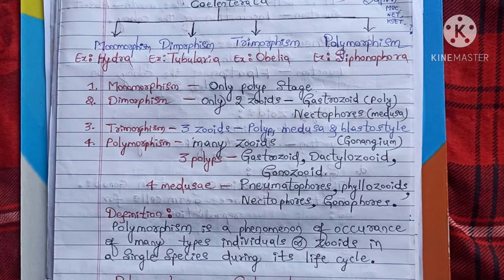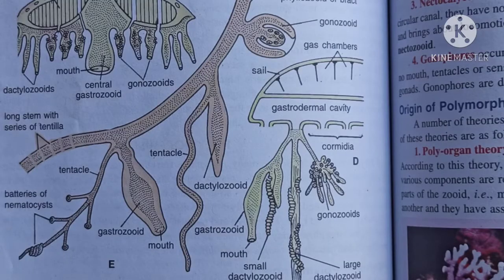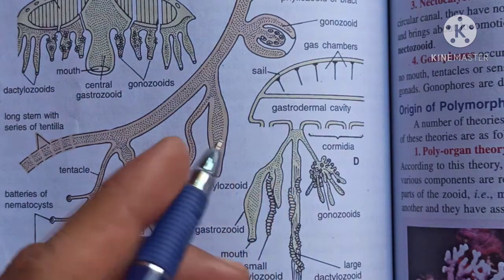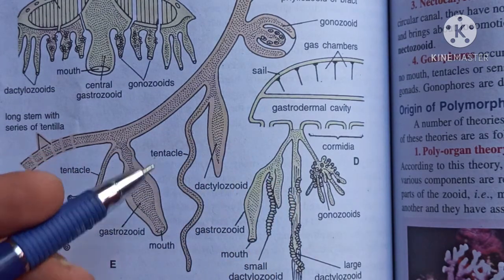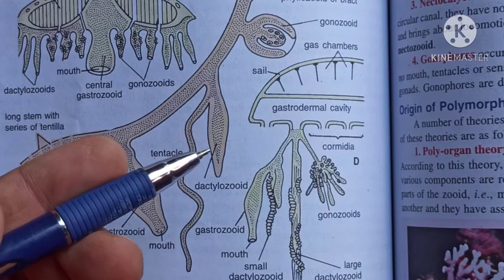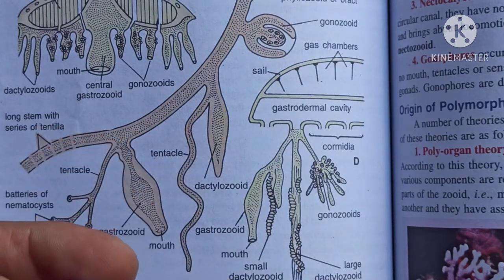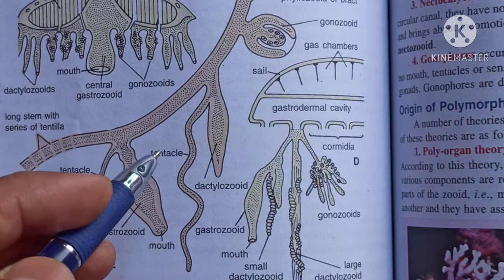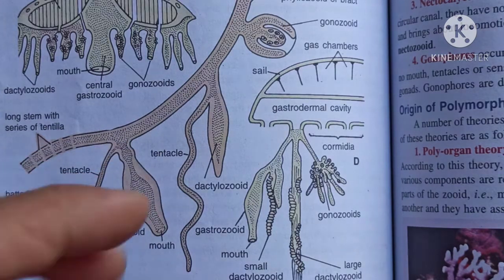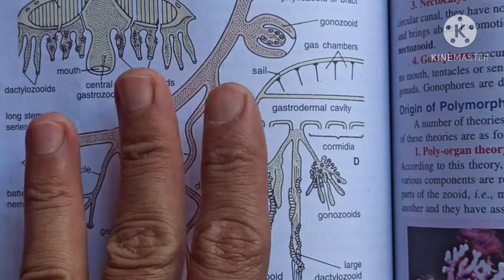Now, dear students, as I told you, the Siphonophora has 3 polypoid zooids and 4 medusoid zooids. First, let us study the different modifications of polyps. In Siphonophora there are 3 important types of zooids.